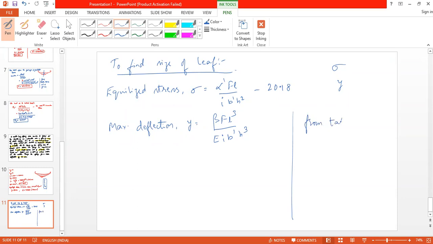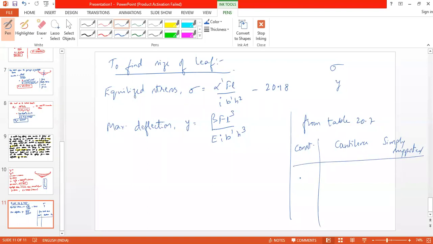From table 20.7, the table is like this: constant cross-section, cantilever, increasing proportion.